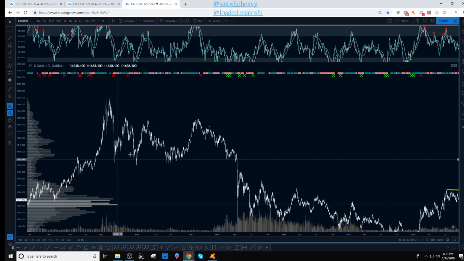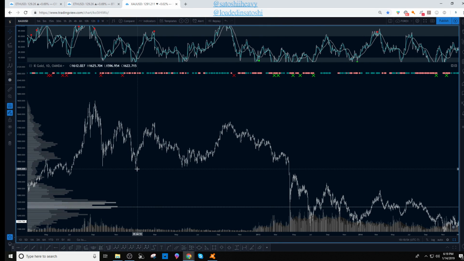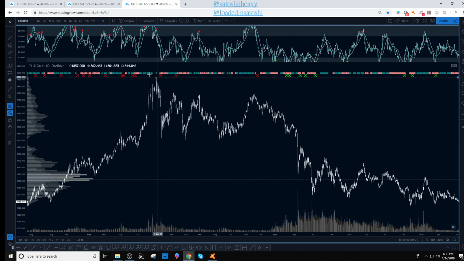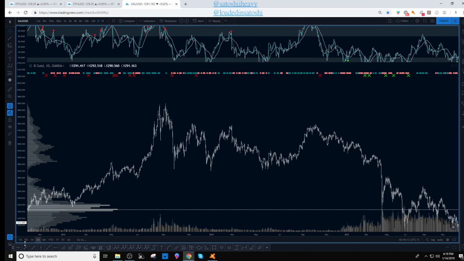Then A. This also is B. A, B, C. That was a nasty correction to be part of, man. That would be tough to trade right there. This right here was an A, B, C. A, B, C. Anyways, I just like looking at this stuff.